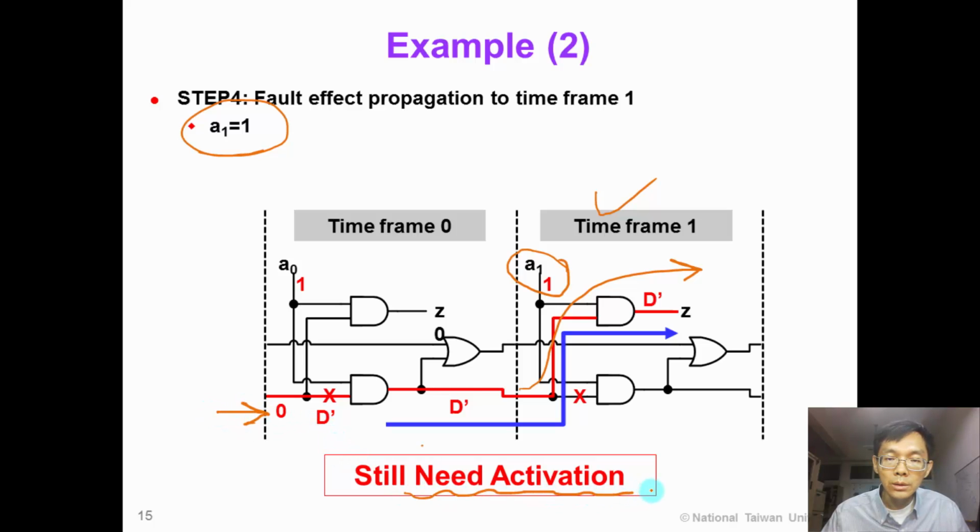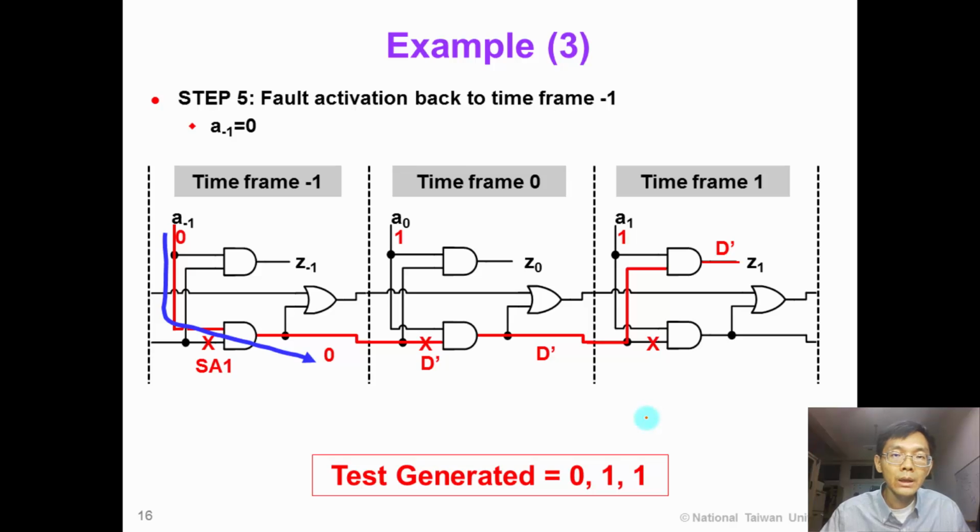So we need to expand the time frame to the left. Now we create a new time frame -1. To control this to 0, we will need to apply A-1 to be 0. In this way, we can generate a test which is 0, 1, 1. If we apply this sequence of input test patterns, we can detect the fault.